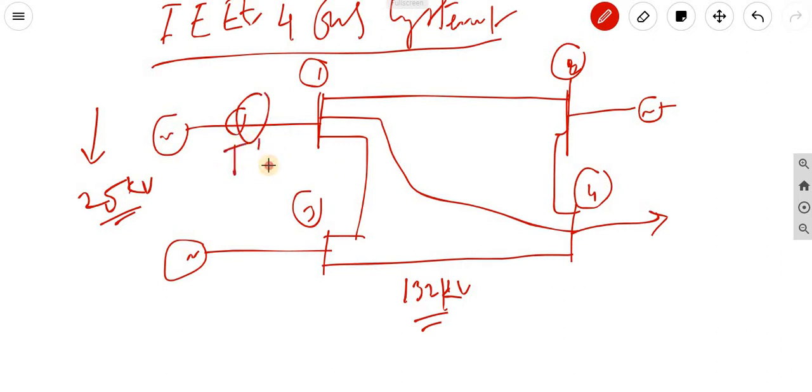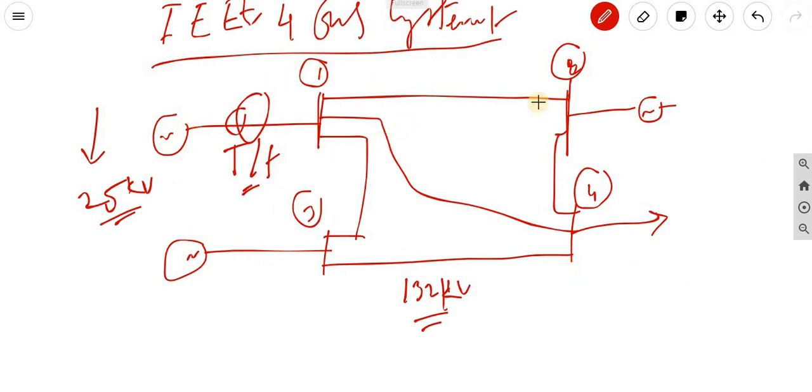For this, we have to place a transformer. In every generator case, we have to place one transformer to get the stepped up voltage, whatever the requirement, it may be 400, 132, or 33 kV.